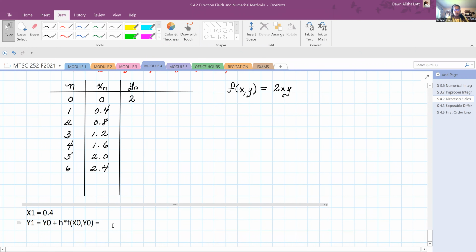Well, y0 I already know is 2, plus h is 0.4, times f of x0, y0. Take f of x0, which is 2 times x0, which is 0, times y0, which is 2. So y1 is also 2.